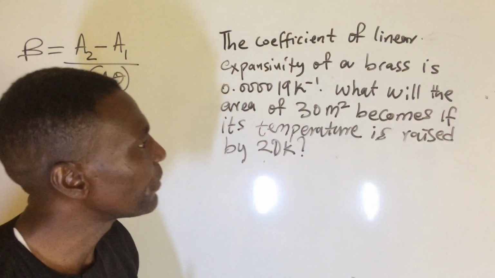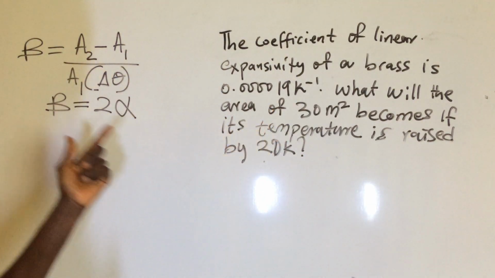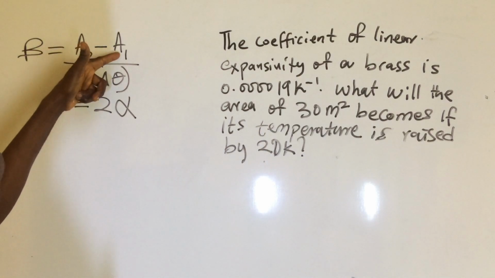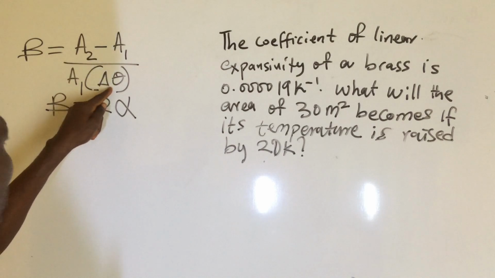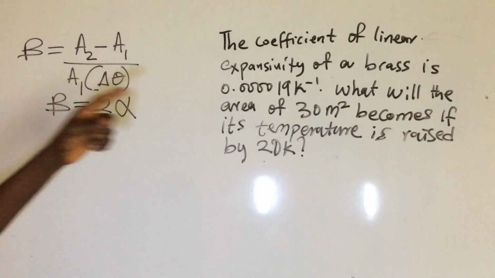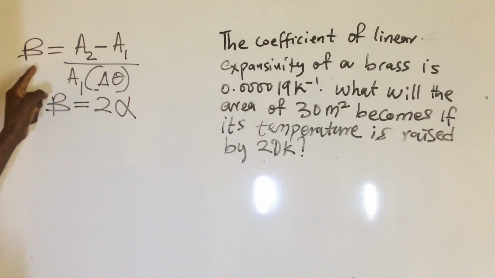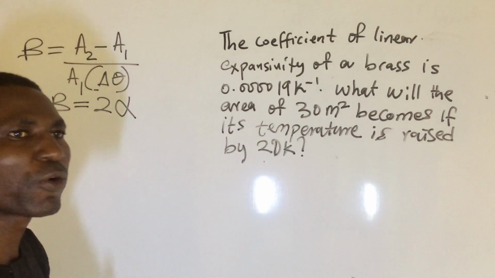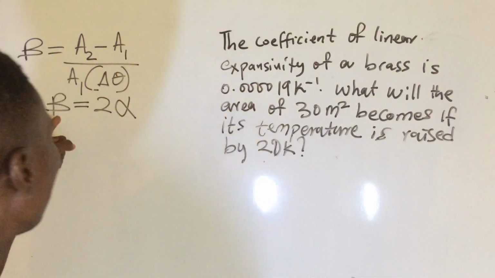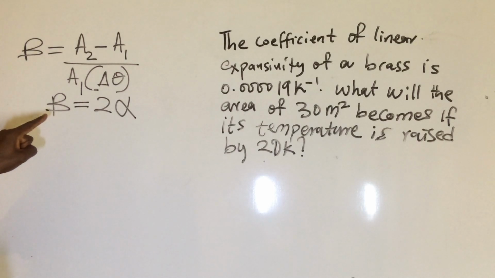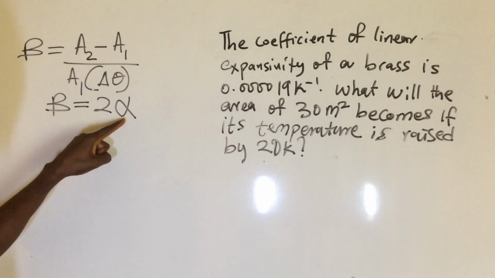Take note of that, because in this question you are looking for this, and the temperature rise is given, but you still need the value of area expansivity, and they did not give it. So you may be confused, where will I get it? That is why you need to know the relationship between area expansivity and linear expansivity.